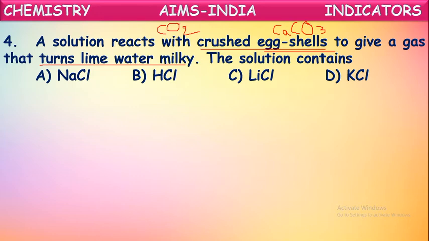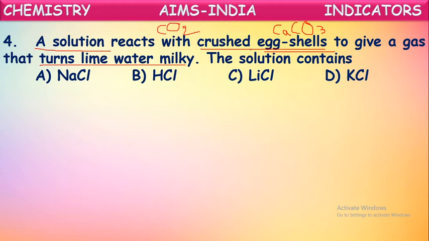So the eggshell produces carbon dioxide gas on reaction with a solution. Calcium carbonate generally produces carbon dioxide on reaction with acids. So the solution taken should be an acid, which reacts with the eggshell or calcium carbonate and produces carbon dioxide gas.